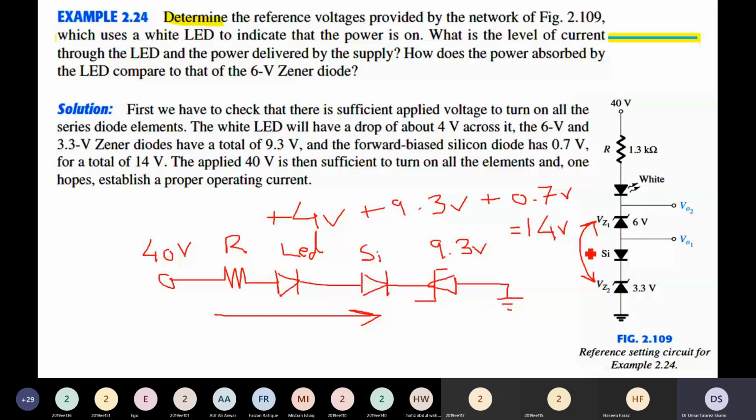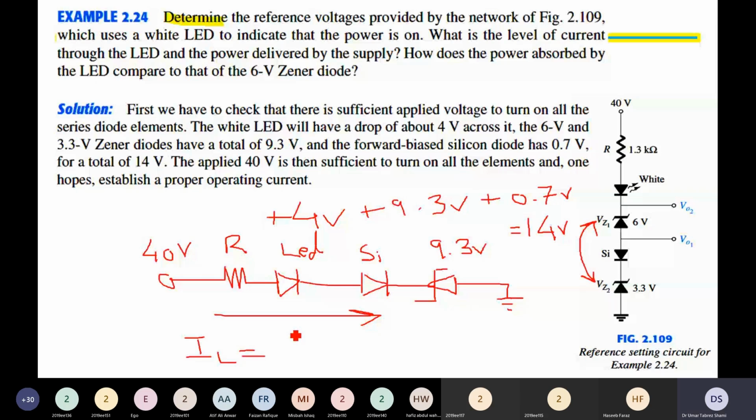Now comes the value of the current. What is the current passing through the resistance? So how will we find the current IL? IL is equal to 40 volts minus all of the voltage drops.